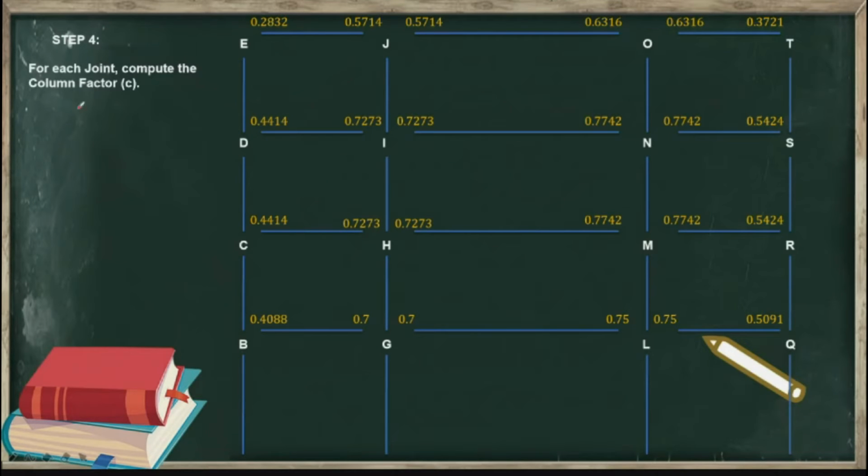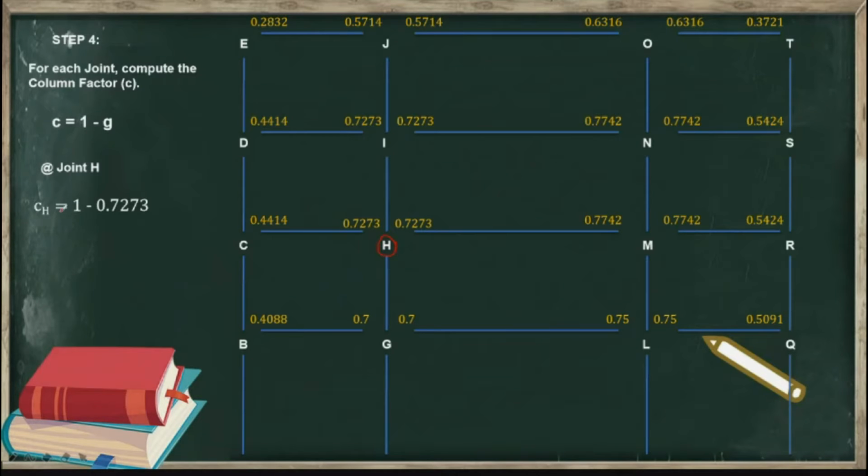So, dito na tayo kay column factor naman. So, sa column factor, simple lang ang formula. We have 1 minus girder factor lang. So, let's take the example at joint H ulit. So, we have here joint H. Ngayon, ang formula is 1 minus G lang.